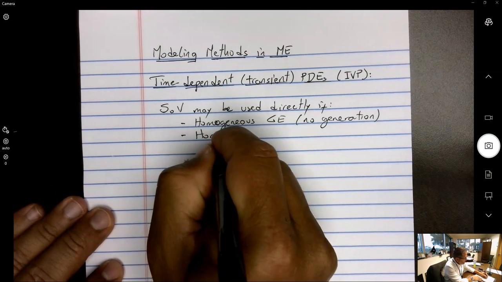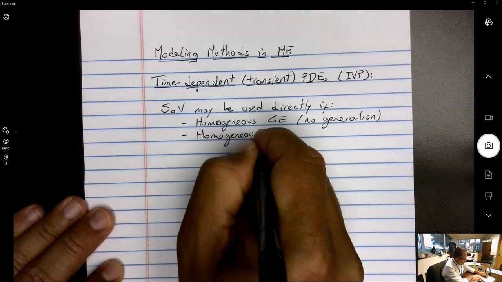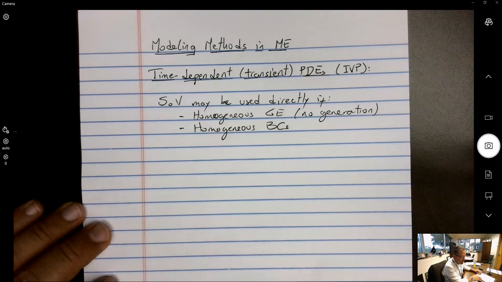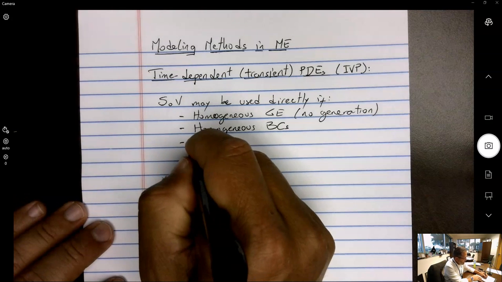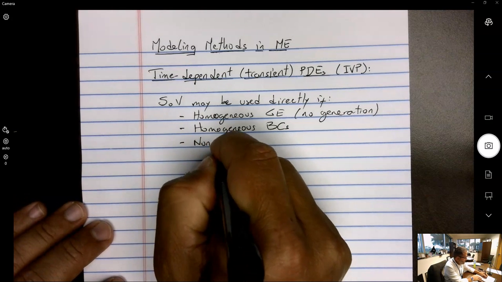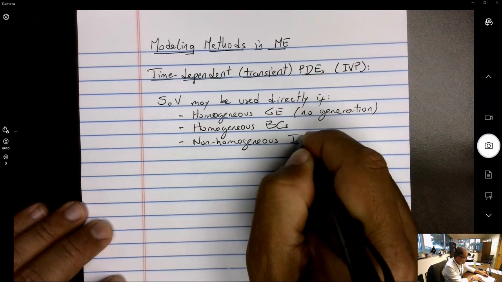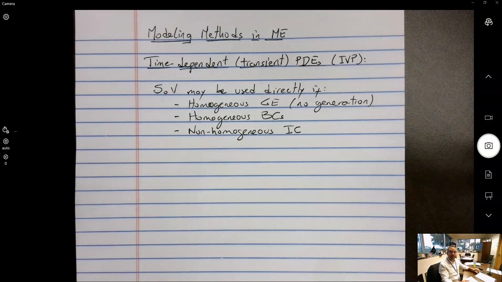We should have homogeneous boundary conditions. Whether they're first kind, second kind, or third kind, it really doesn't matter. They have to be homogeneous. And we have to have a non-homogeneous initial condition. So again, it's very restrictive because this combination has to be true for separation of variables to apply directly.